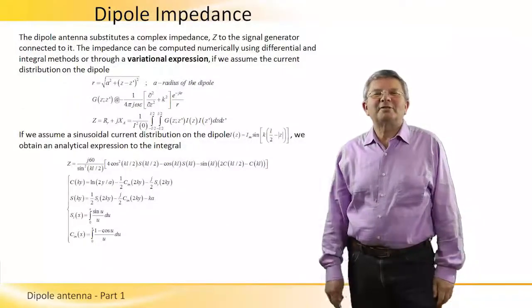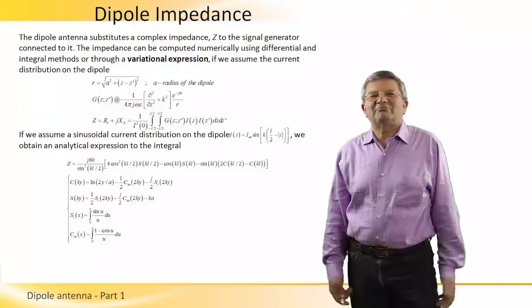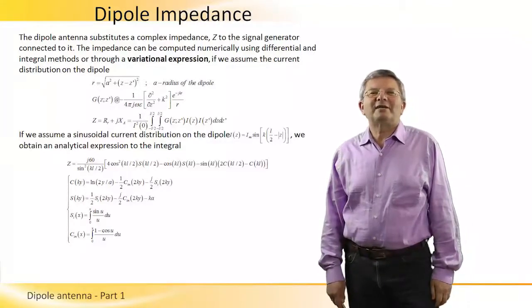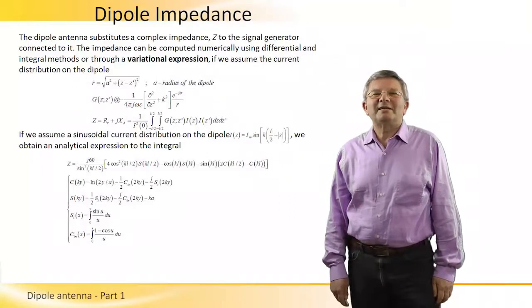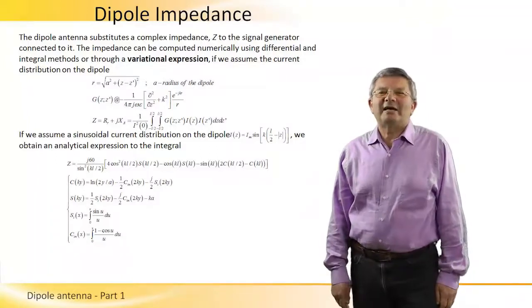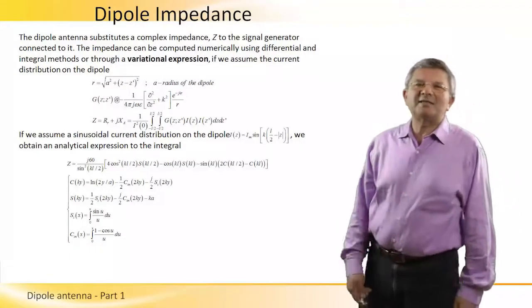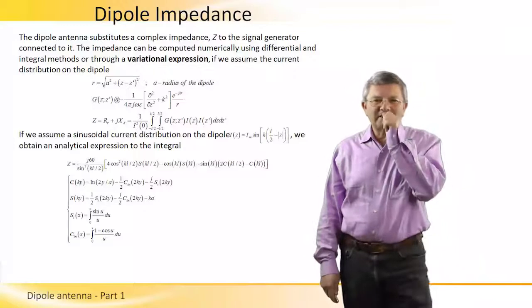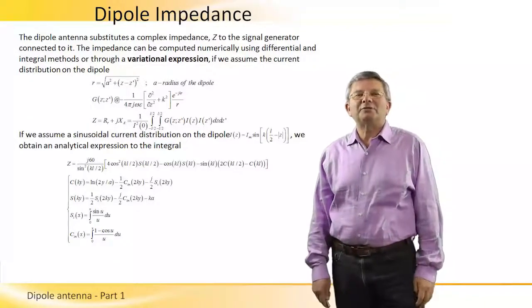Another important parameter, characteristic of any antenna, and especially the dipole antenna, is the complex impedance, Z, which is the impedance that the signal generator feels when the antenna is connected to it.